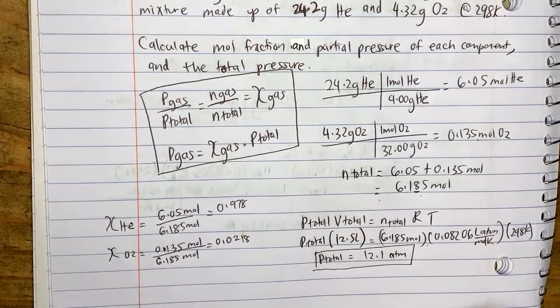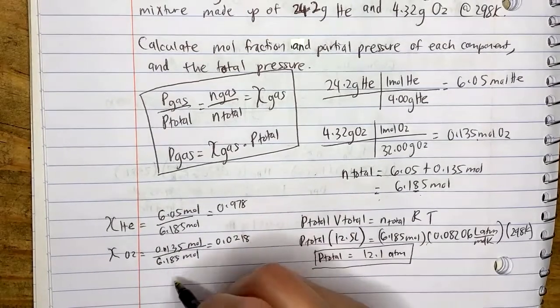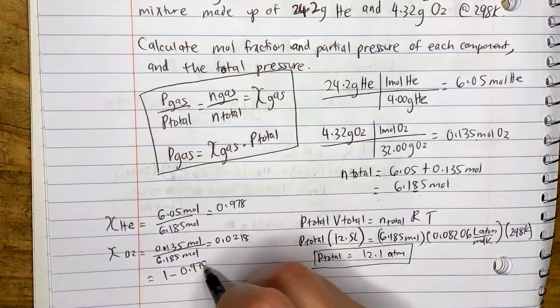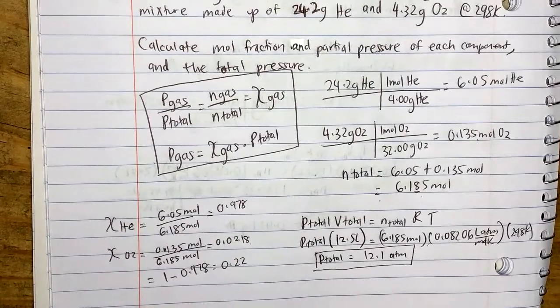Or if you didn't want to do this, you can just say it's also 1 minus 0.978, which is about 0.022. Either way works. They're both pretty much the same answer.